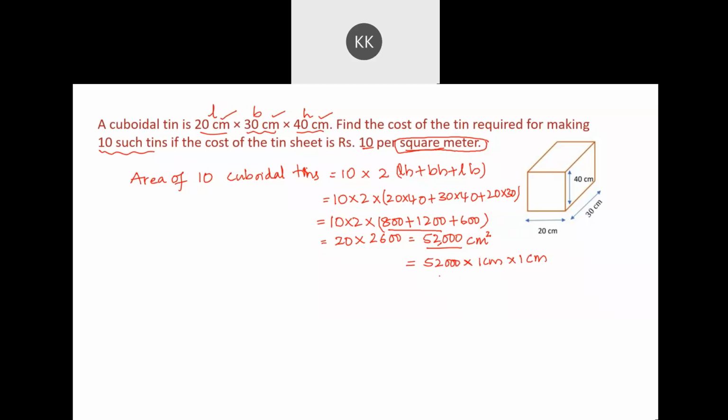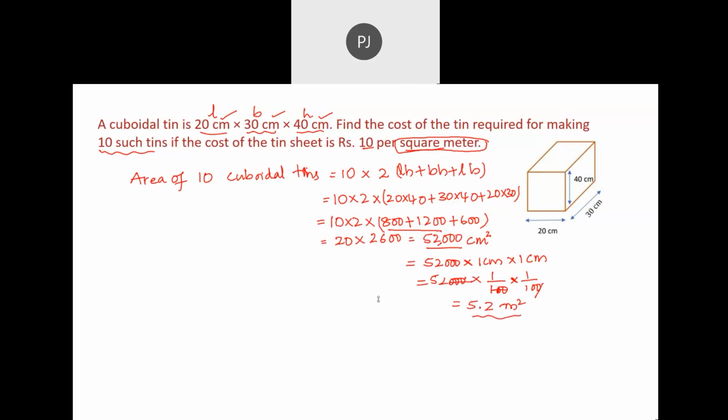Now we convert this centimeter into meter. This will be 52,000 multiplied to 1 by 100 into 1 by 100. So 4 of the zeros I can cancel, and we get 5.2 meter square.